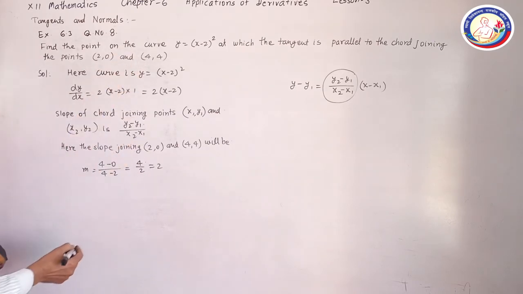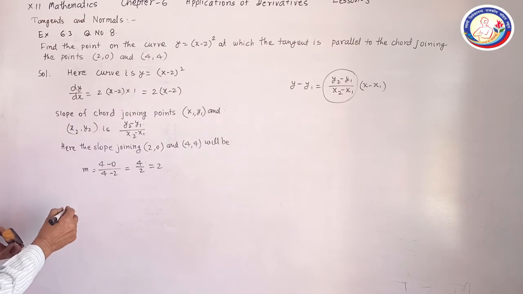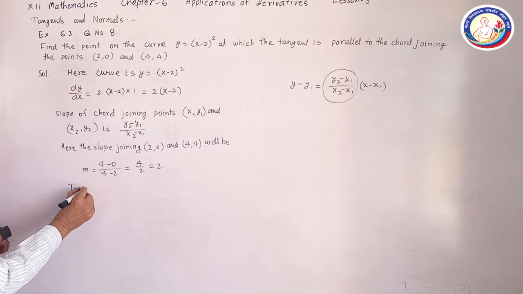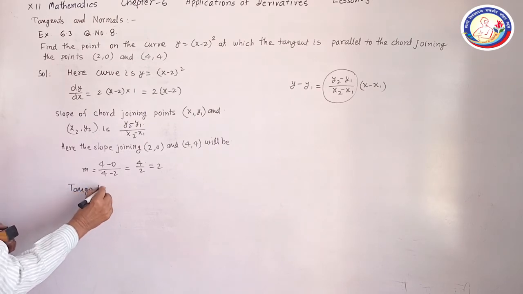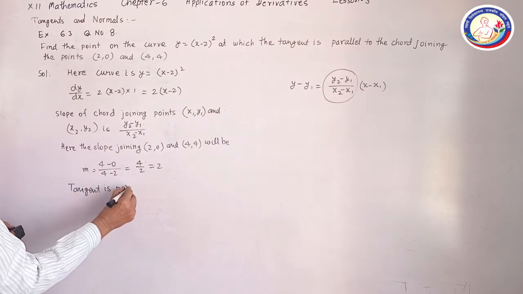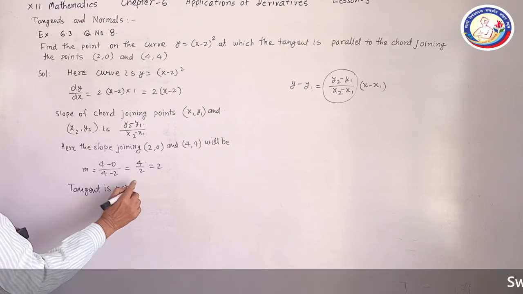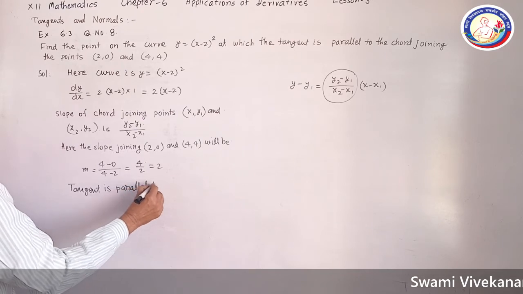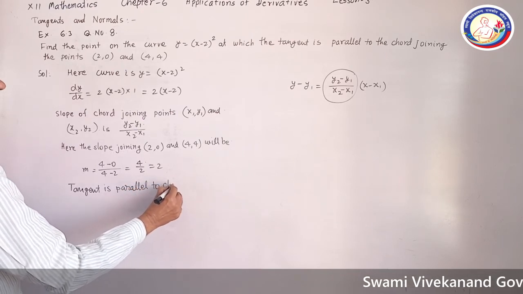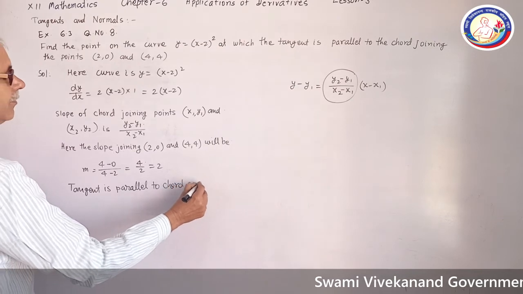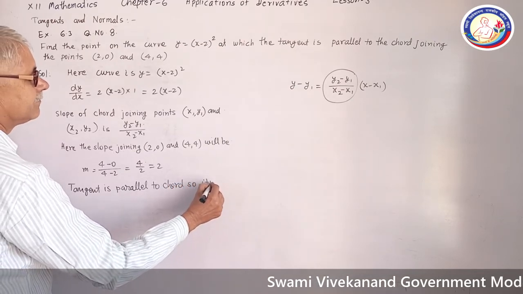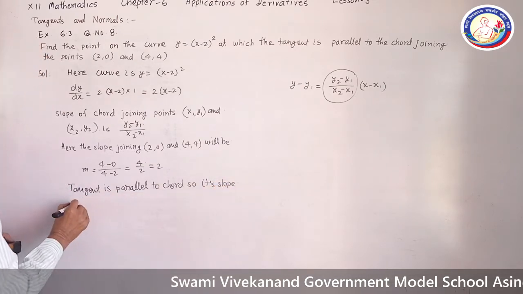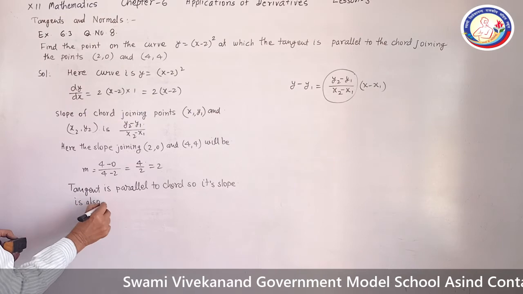So what is the slope of the tangent? The tangent is parallel to the chord. So its slope is also 2.